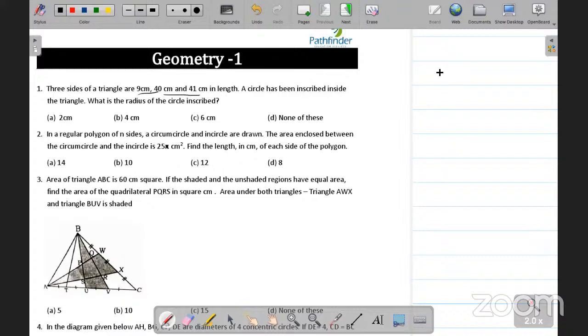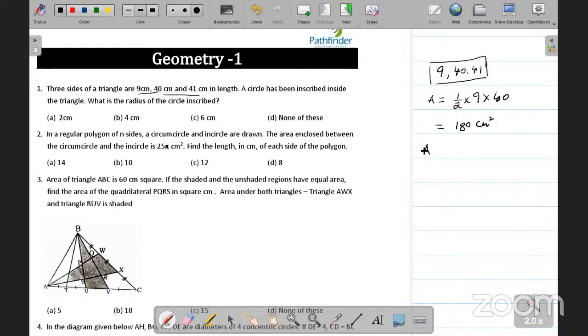If you are able to recognize these values, 9, 40, and 41, you will immediately recognize that this must be a right angle triangle. And so the area of a right angle triangle must be 1/2 into 9 into 40, which happens to be 180 centimeter square in this case.